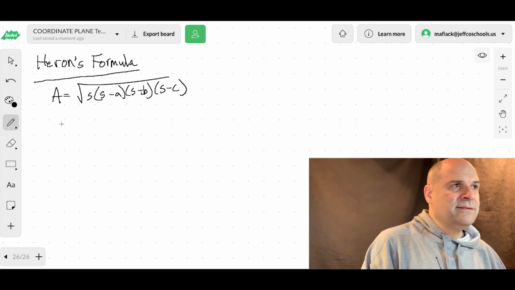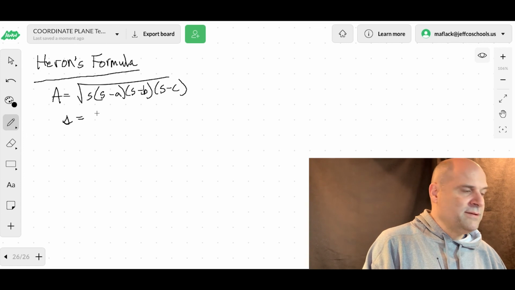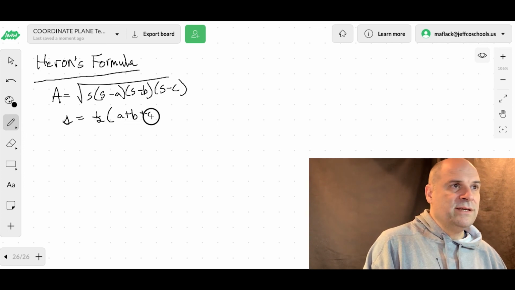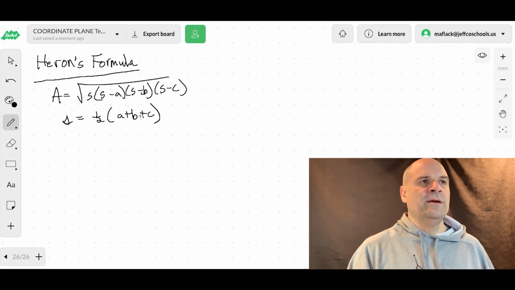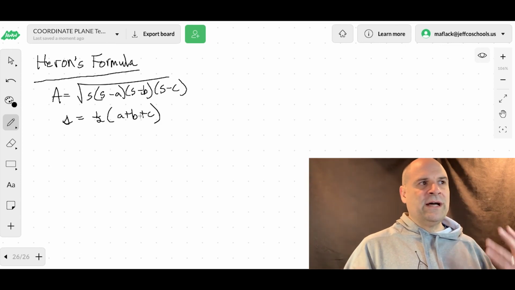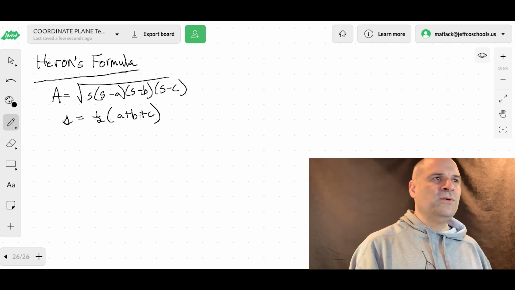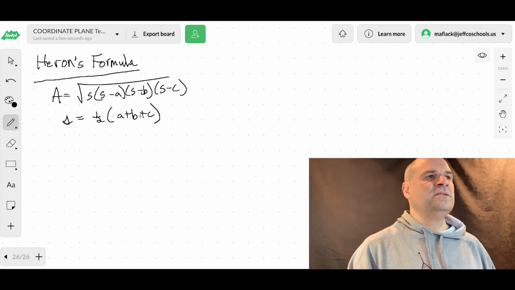So S is really just 1/2 times A plus B plus C. So here's what you're doing. You add all the sides together, divide by 2, and then you throw that S into this formula.